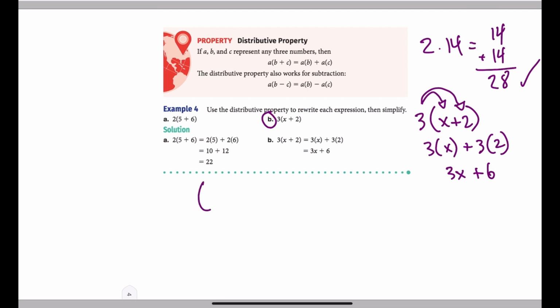Maybe last year you brought crackers and cheese to the party. Right, you brought it in a little Tupperware, so that's what the parentheses are showing. That was a package. You brought crackers and cheese to the party.